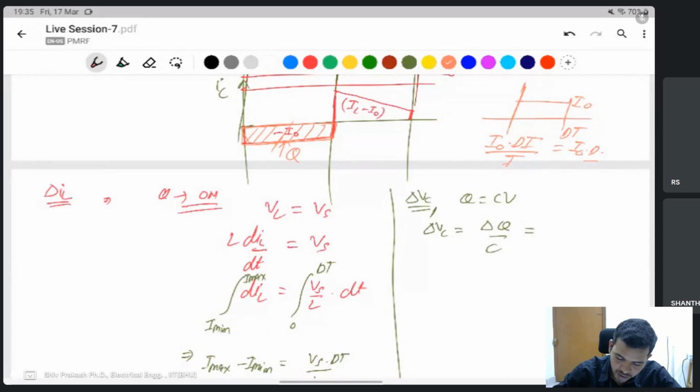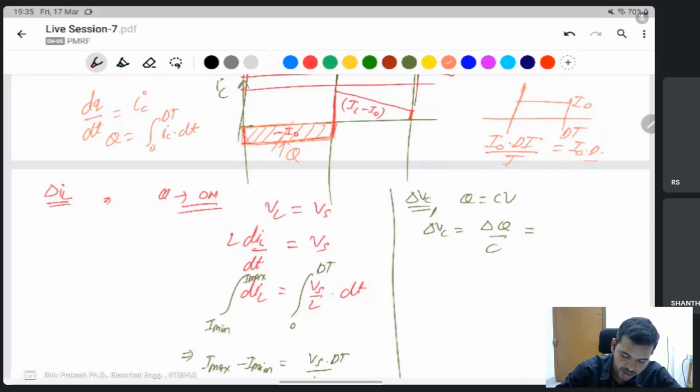And what will be the total charge? dq by dt is equal to the current IC. Then q is the integration from 0 to dt of IC into dt.